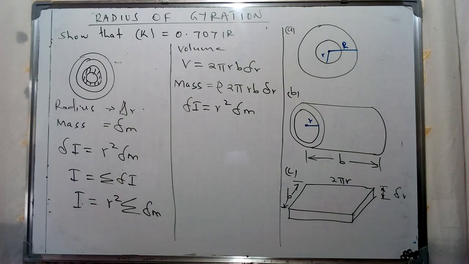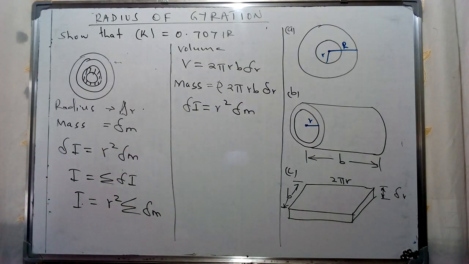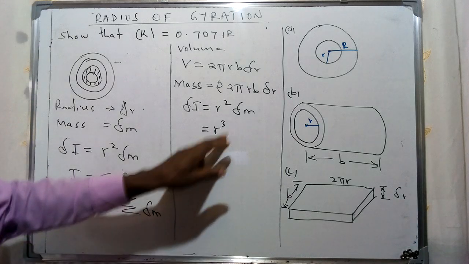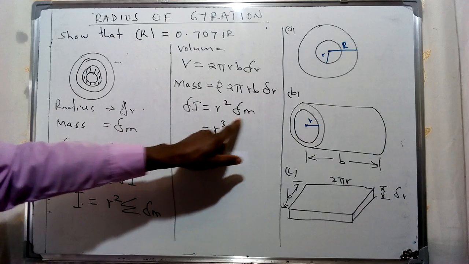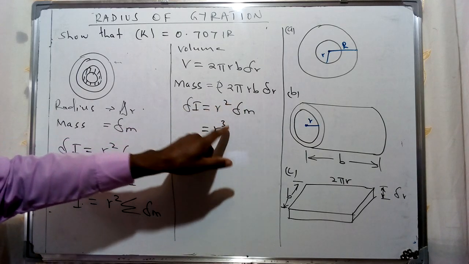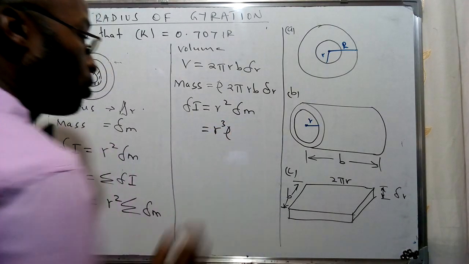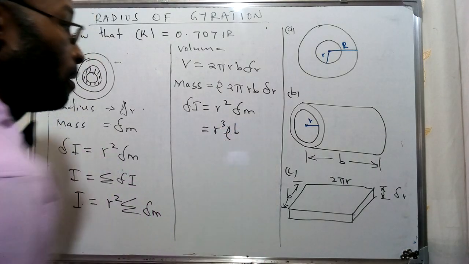So we take this element of mass and multiply by the square of the radius. So the 2 pi r is going to give us the element of radius cubed, and then we are going to have rho for that specific density, and then b.